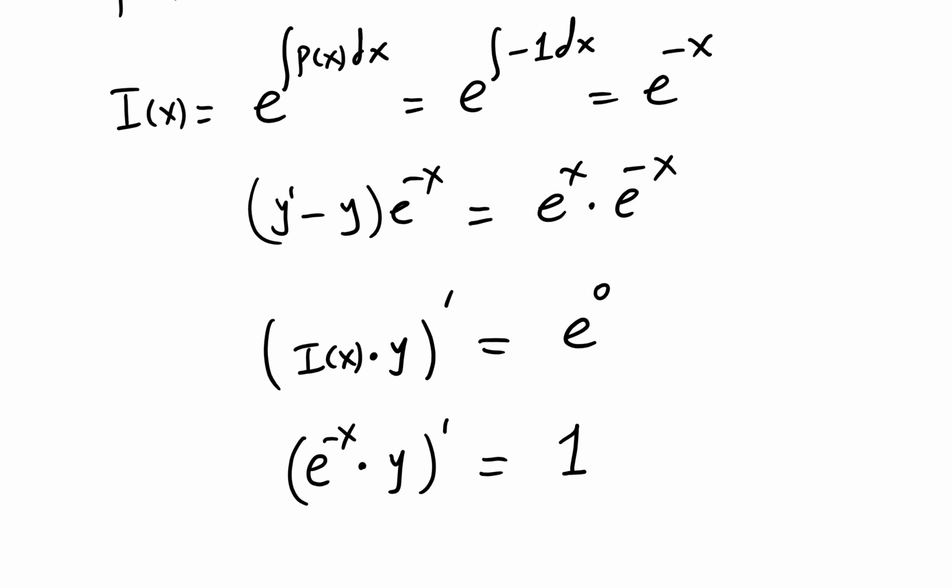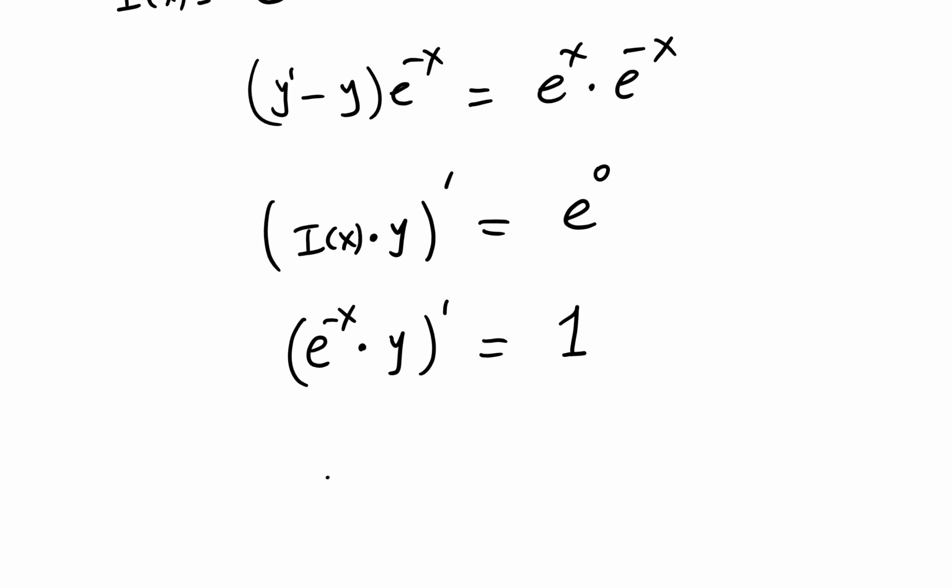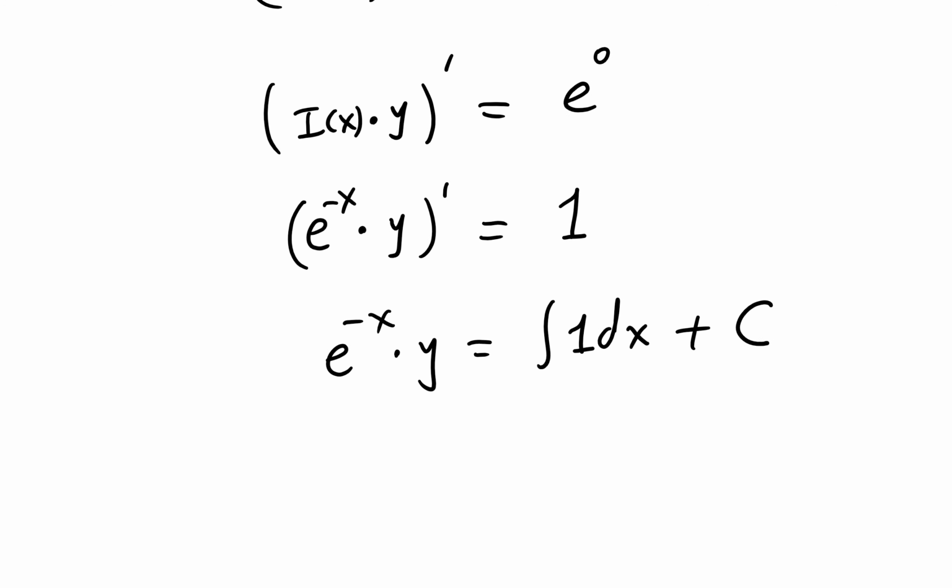Now, after we do this, we are going to integrate both sides. The integral of the left side is e to the negative x times y, equals the integral of 1 dx plus c. Don't forget the plus c. And what's the integral in this case on the right side? This stays the same.